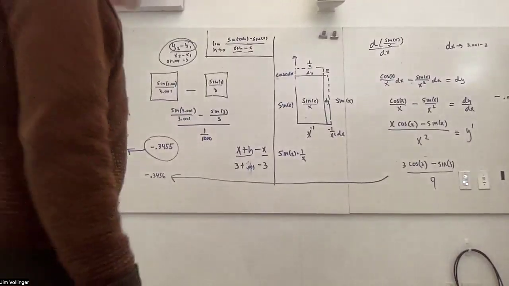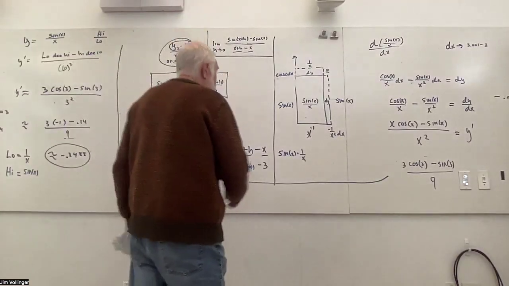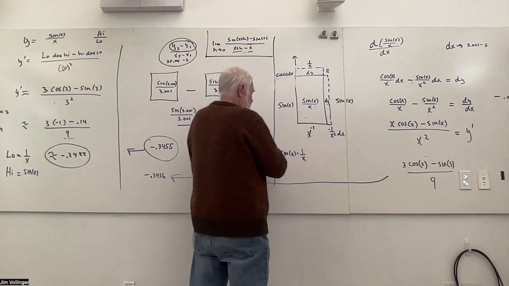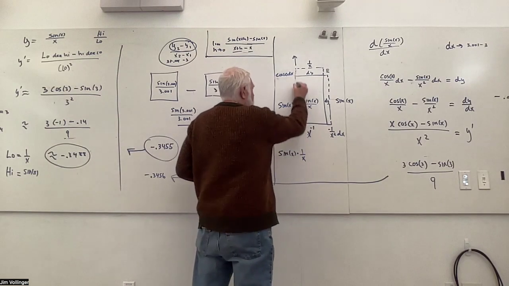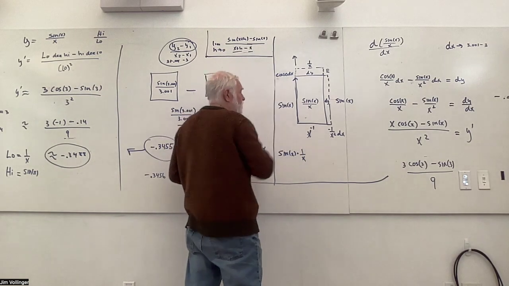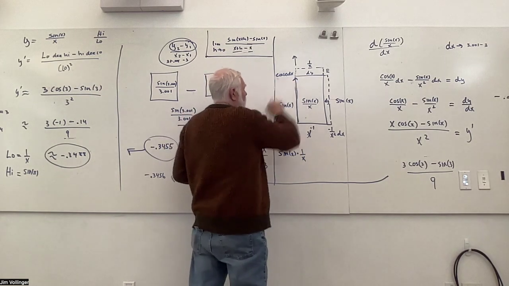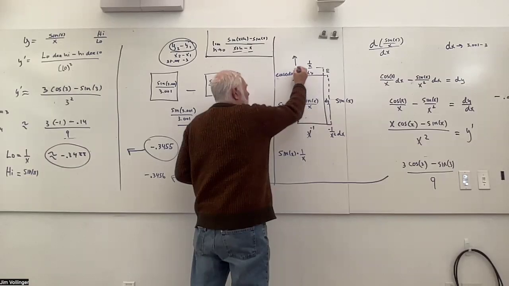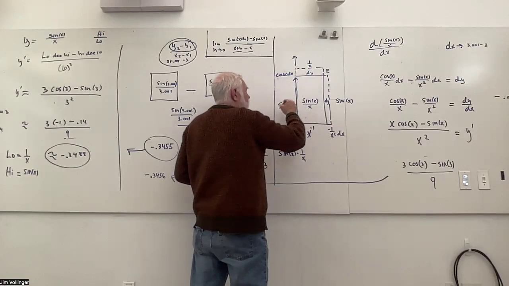Now, where does it all come from? Well, if you looked at the product rule video, then you'll realize that this side of the rectangle is changing. How does it change? Well, the derivative of sine is cosine. So I'm looking at cosine x dx for that amount of change.